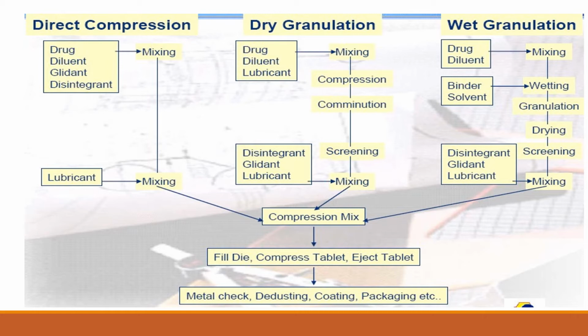In direct compression, generally the first step is drug, diluent, and disintegrant. These things are mixed, then lubrication is done, then compression is done, and then at last coating, dedusting, metal check, and packaging are done, all these properties are checked and sent for marketing.